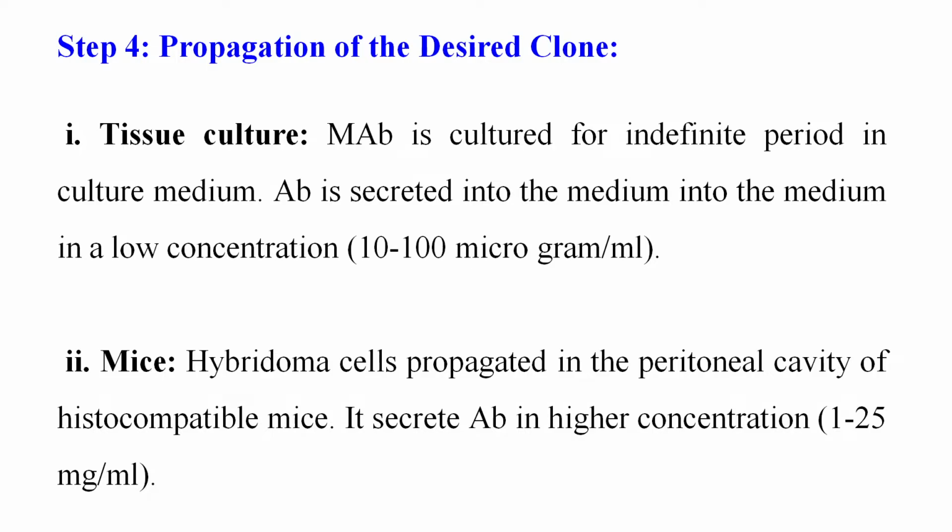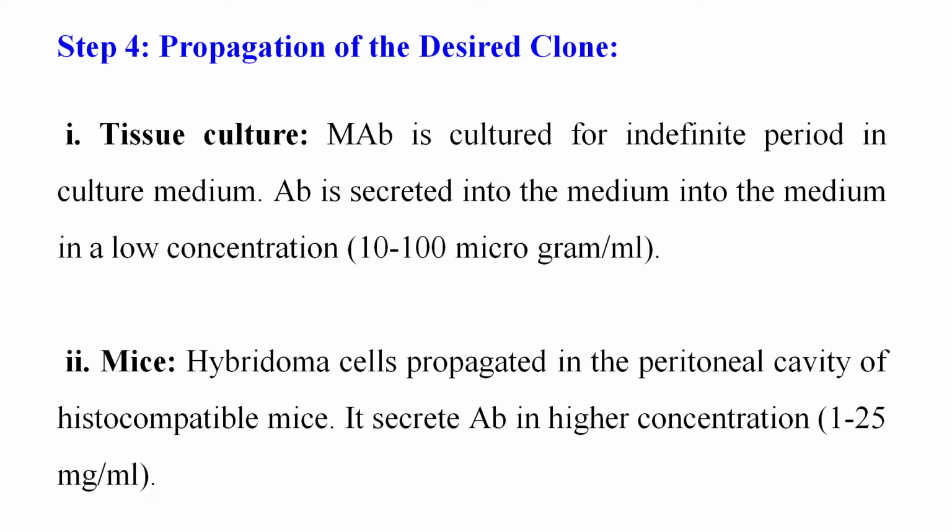There is a second type of propagation, that is in vivo, in mice. So these hybridoma cells are propagated in the peritoneal cavity of the mice. Remember, the histocompatibility of the mice has to be matched. Otherwise, we will have the rejection problem. So the histocompatible mice, in those, the peritoneal cavity is the place wherein these hybridoma cells will be propagated.